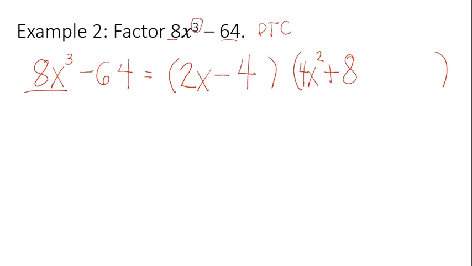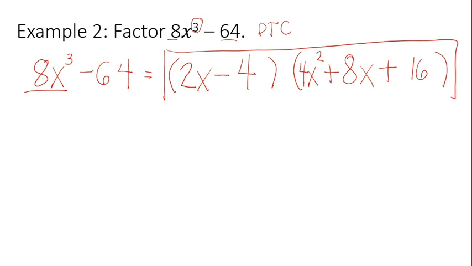The answer is 8x for the middle term of trinomial factor. And last, always positive sign. Square of the last term of the binomial factor, which is 4. 4 squared is 16. The answer for 8x cubed minus 64 is the quantity of 2x minus 4 times the quantity of 4x squared plus 8x plus 16.